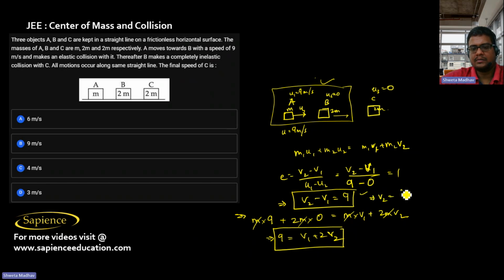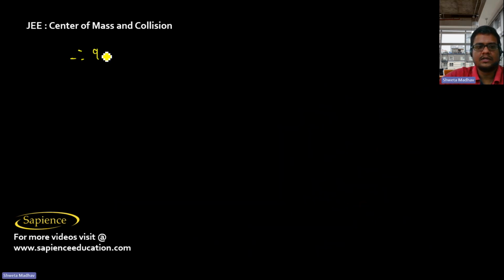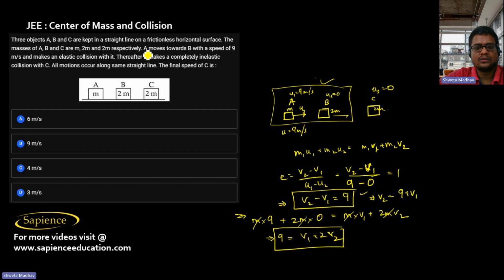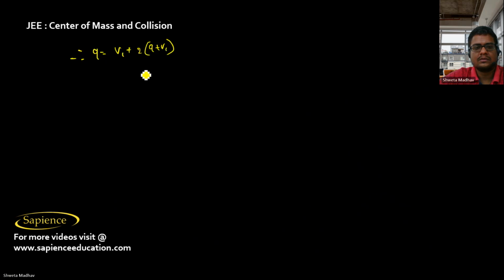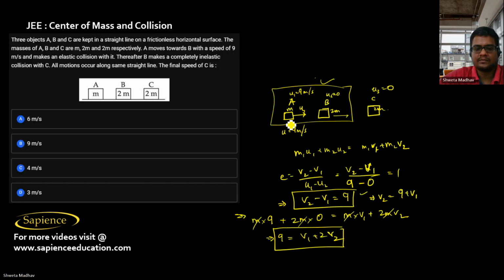V2 I can say 9 plus V1. So therefore I can say 9 equal to V1 plus 2 into (9 plus V1). So 9 will be equal to V1 plus 18 plus 2V1. So therefore 3V1 is equal to 9 minus 18, that is equal to minus 9. So V1 will be equal to minus 3.